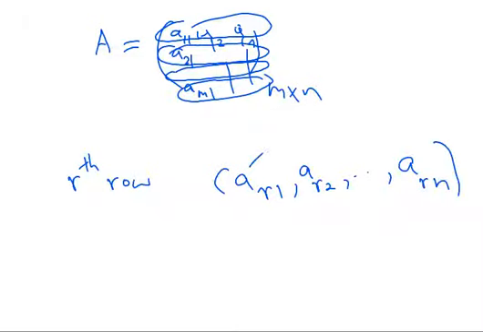How many coordinates do we have? 1, 2, up to n. 1 to n number of coordinates.